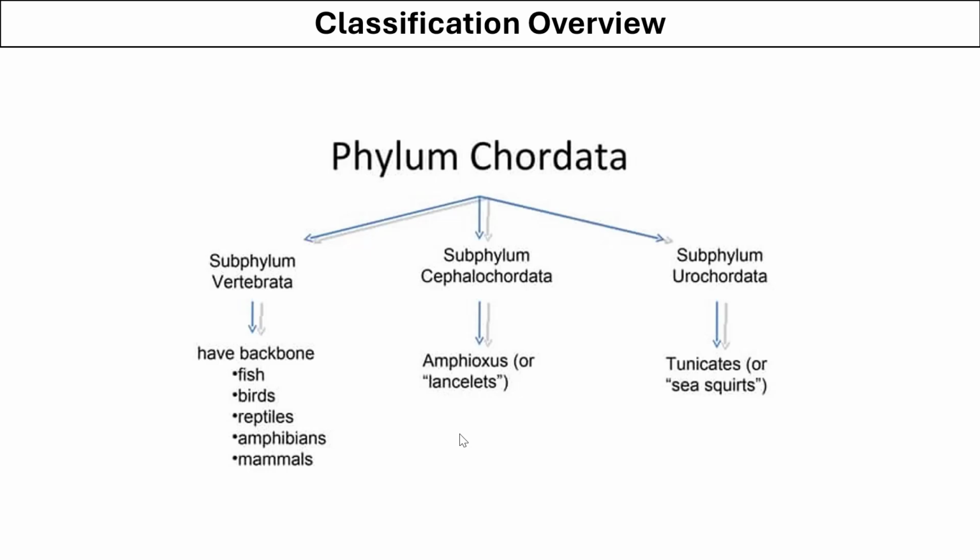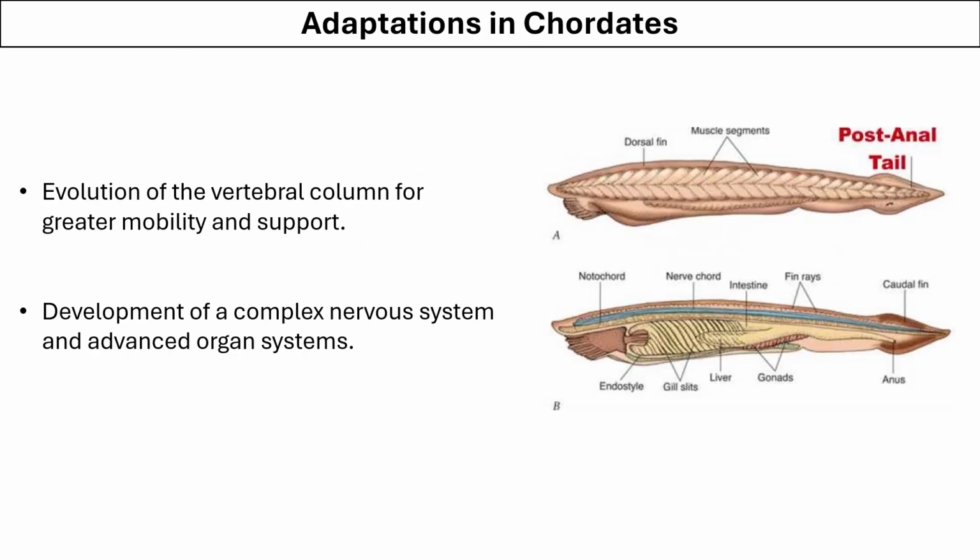The other subphyla of chordata, which are cephalochordata and urochordata, are not very evolved and are not as diverse, but they do possess a notochord, which is the nerve cord from which your central nervous system originates, and they are kind of a link between the chordates and non-chordates.